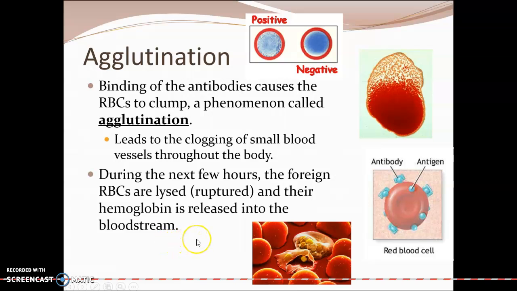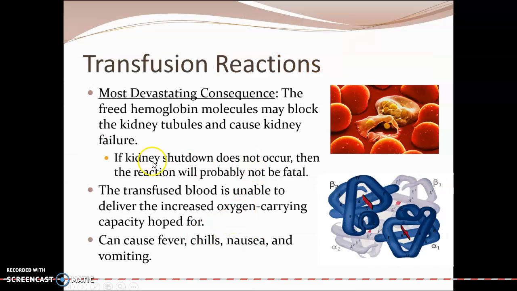Now, if you get the wrong type of blood, does that mean you're going to die because of that? No. There are some things you can do to counteract that wrong transfusion.